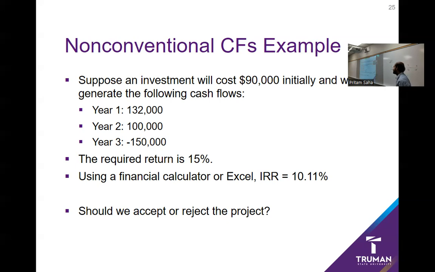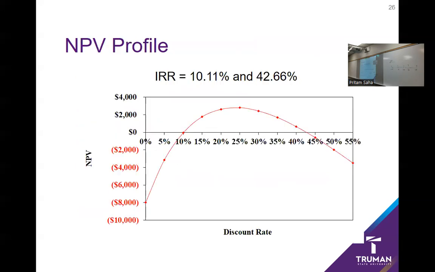What to do? No idea what to do. So basically, when cash flows are not conventional, if you look here, at these two different rates, NPV is 0.